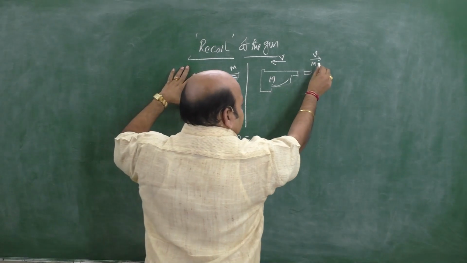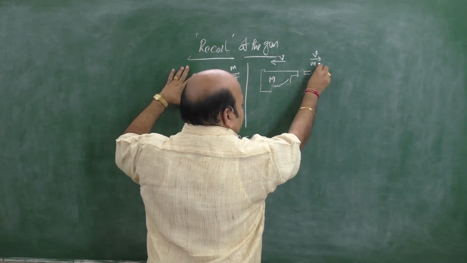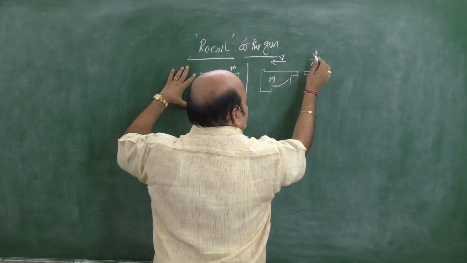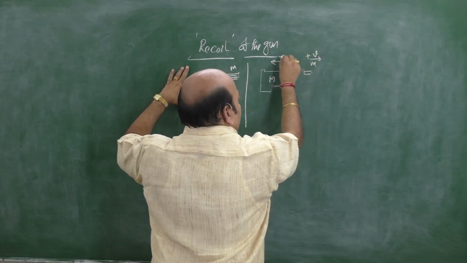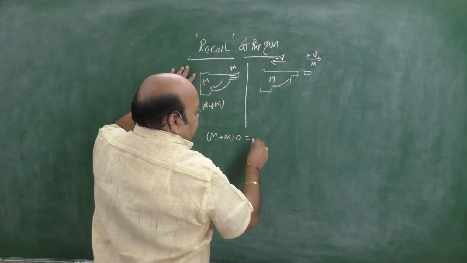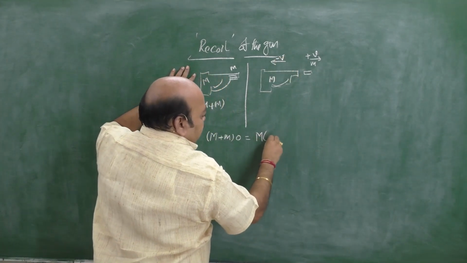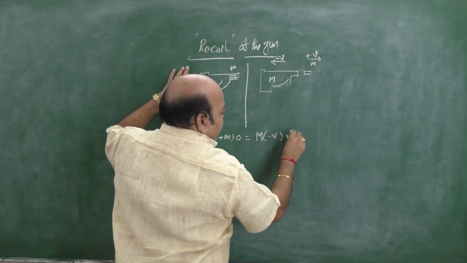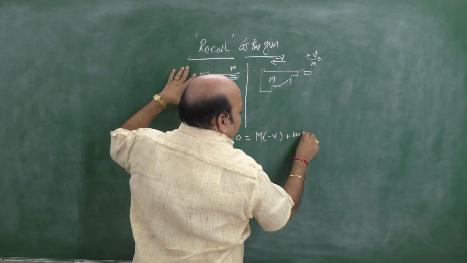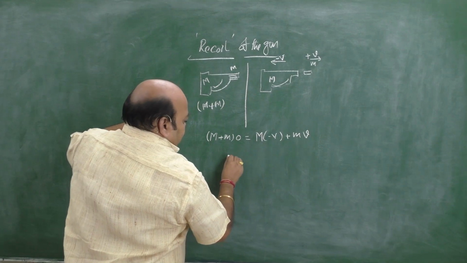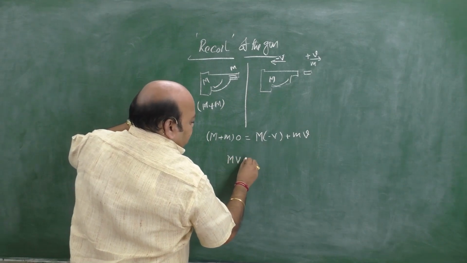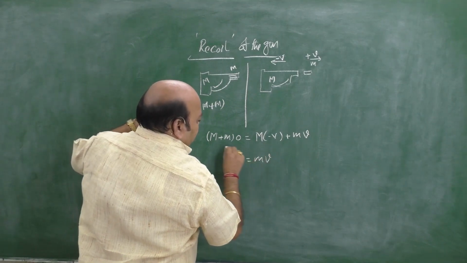If we assign sign to the velocity, the motion of the bullet takes place in the forward direction, so it is positive. The recoil of the gun takes the negative sign. That's why it is capital M into minus V plus small m into v. Totally, capital M V is equal to small m into small v.